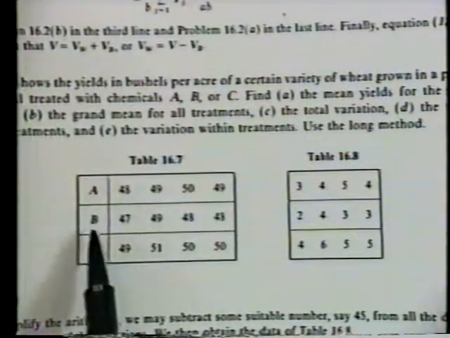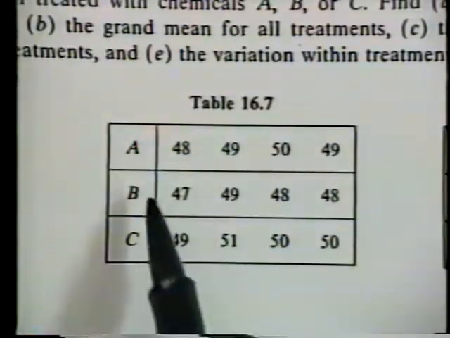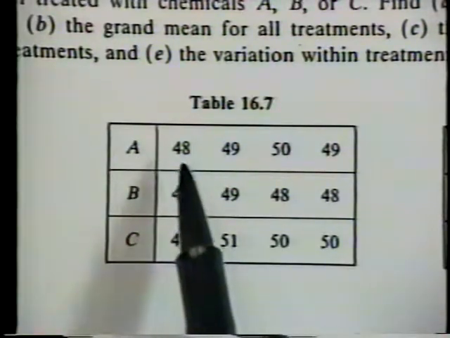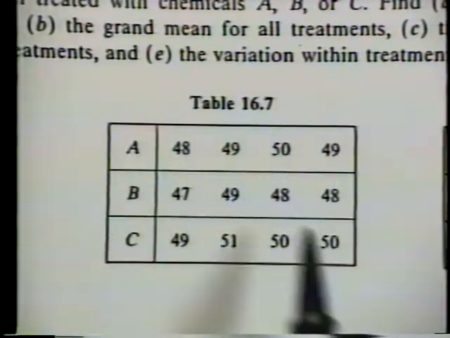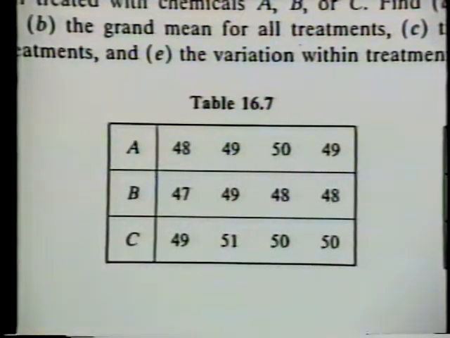We have just treatment A, B, and C, so we can forget about that other one. We have 4 numbers in each row, and we're trying to see if this is different from that, is different from this.